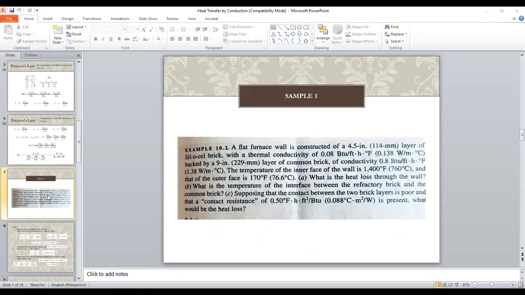Now, we have here a sample problem that illustrates the use of the formulas that I have given to you in the previous two slides. This was taken from John Coulson's book.